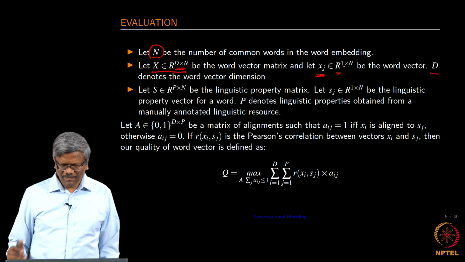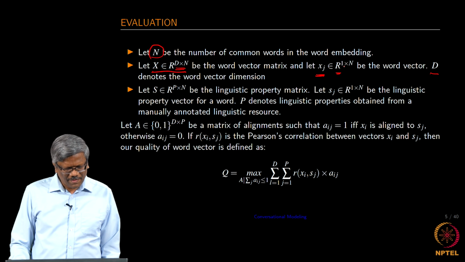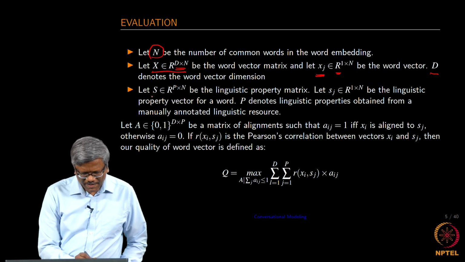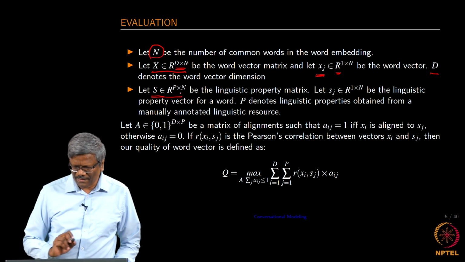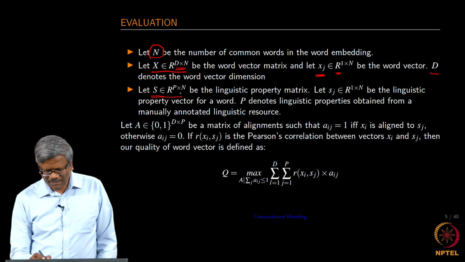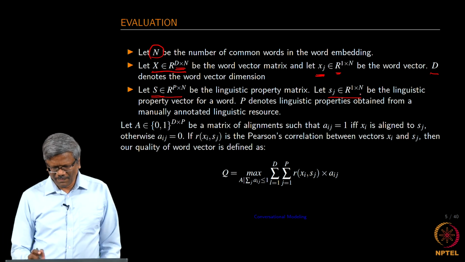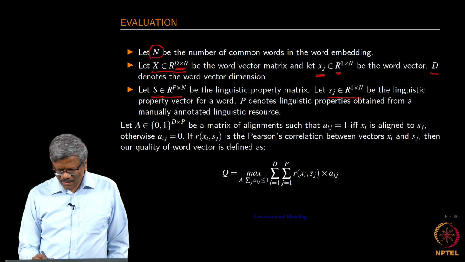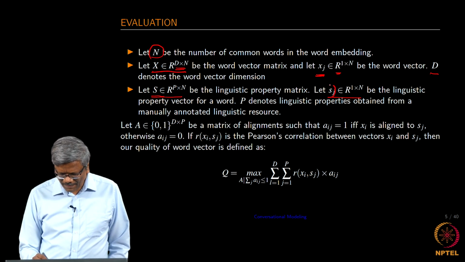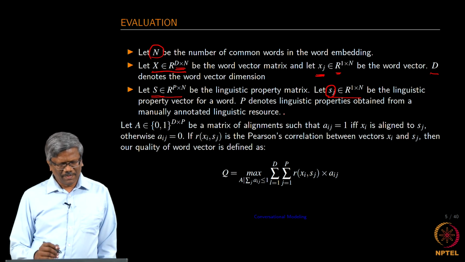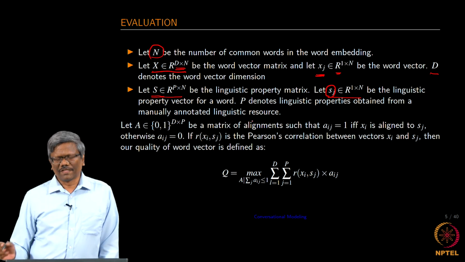Again we have the linguistic set defined as these, and for each word we have the linguistic property vector, where P denotes the linguistic properties obtained from a manually annotated linguistic resource.